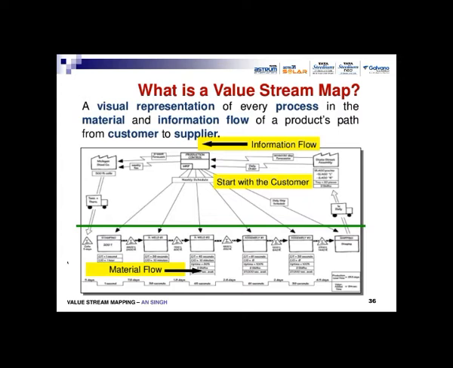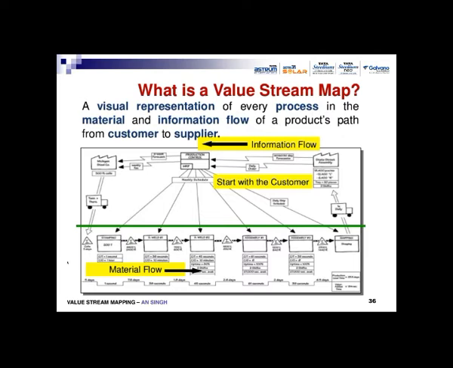Two main things are observed in the value stream map: how the information flows, which begins from the customer end to the supplier end, and how the material flows, from the entry point of a production plant to the shipping end.